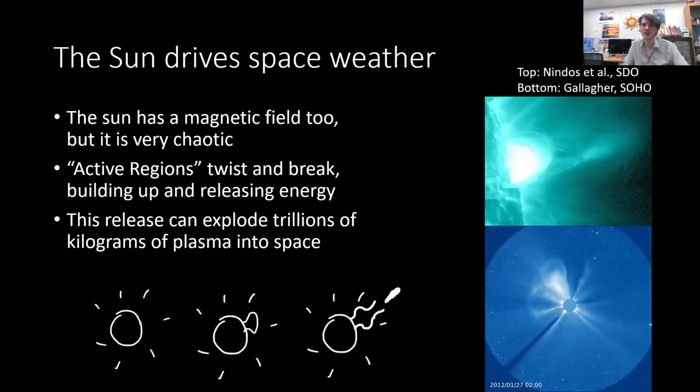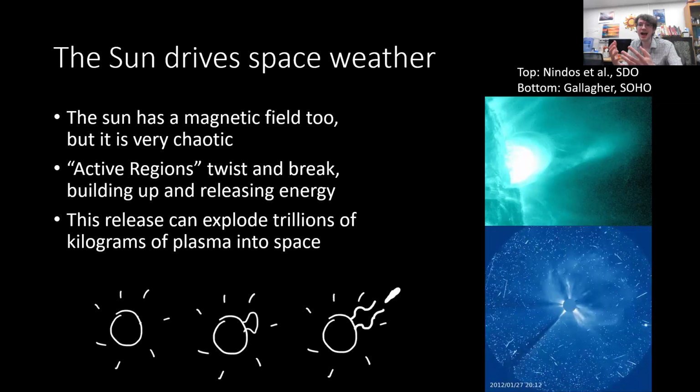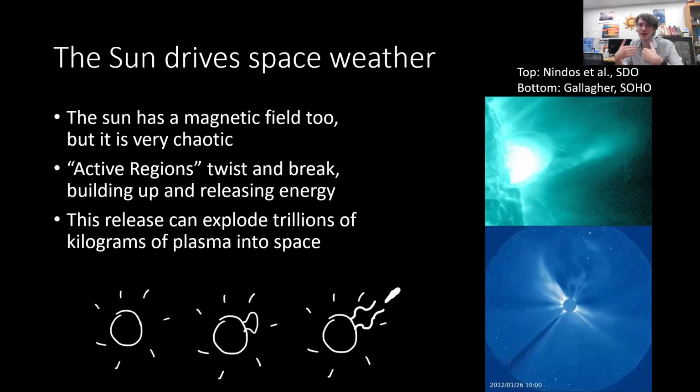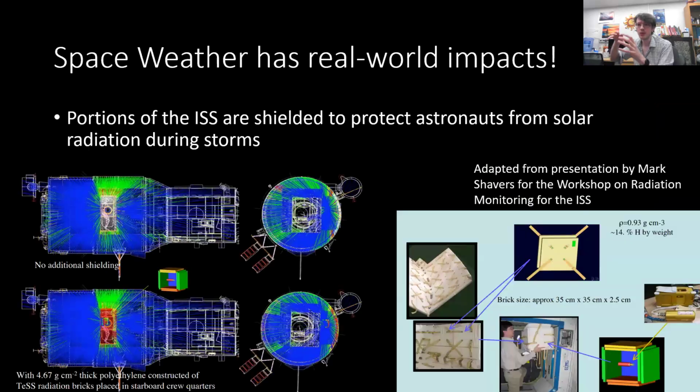The problem comes when you're up high past our magnetic field, or where our magnetic field is a little thinner or isn't as strong. So the ISS astronauts have to deal with this in a way that we don't. And we do shield them, and there's parts of the ISS that are built to protect them. We have these boxes about this big, and we've lined parts of the ISS with them because they protect from solar radiation.